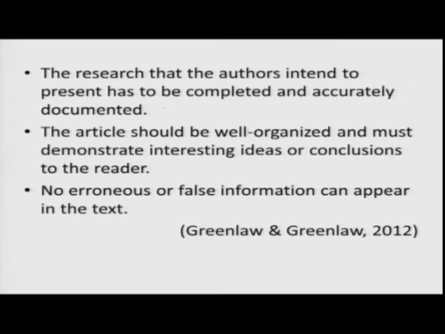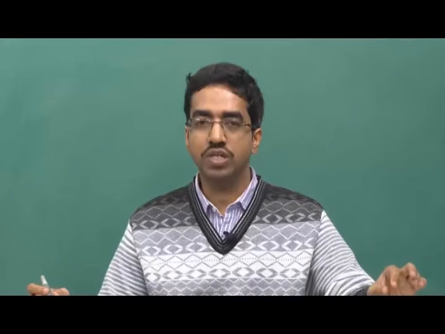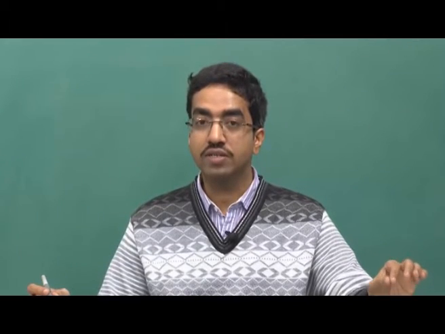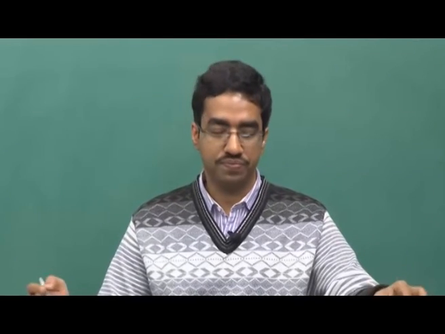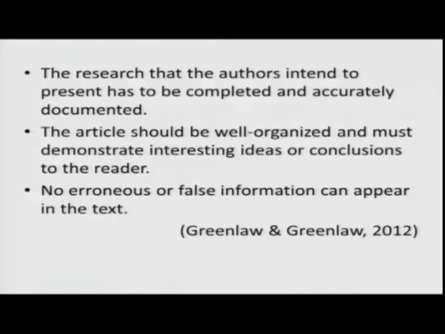You cannot miss out on any crucial detail, like how many people you started with, for example, then some people dropped out. So, finally, how many people did you work with? All these details you need to document very carefully. Then the article should be well organized and must demonstrate interesting ideas or conclusions to the reader.